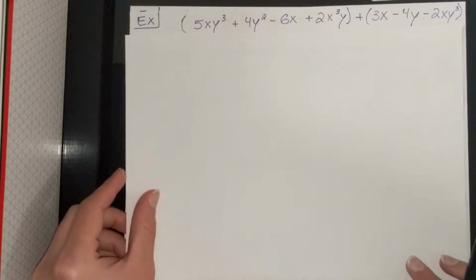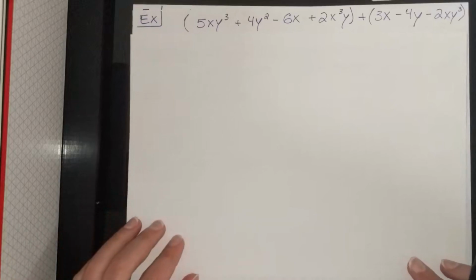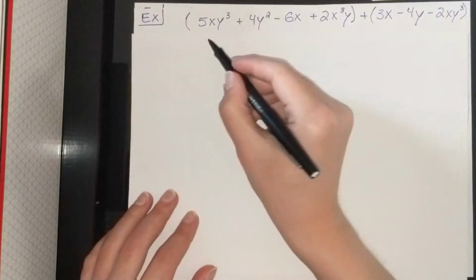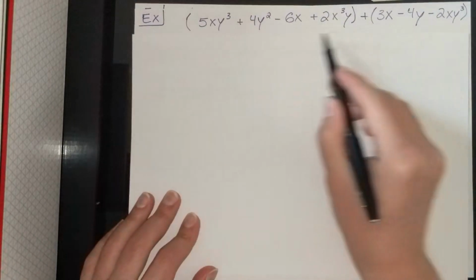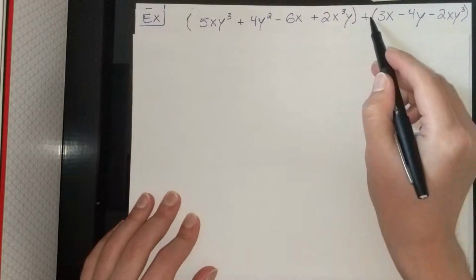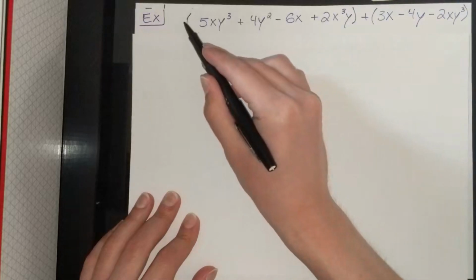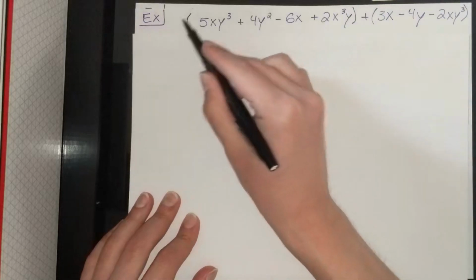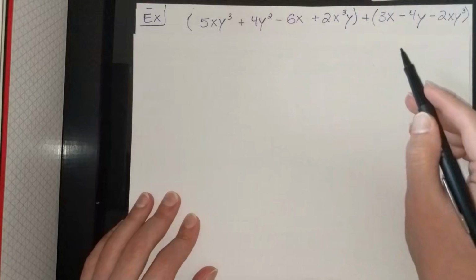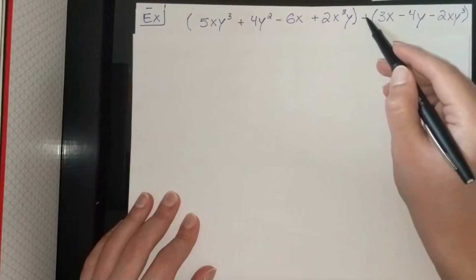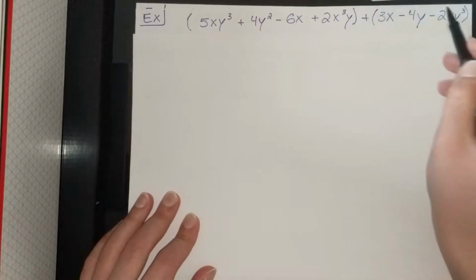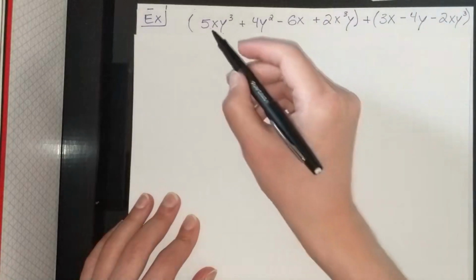Okay, so from here, we're going to combine our like terms immediately because there's nothing to distribute in front of either parentheses. If there were, for instance, a 2 here, we would distribute the 2 and then start adding them. If this were a minus here, like the last problem, we would distribute the minus.